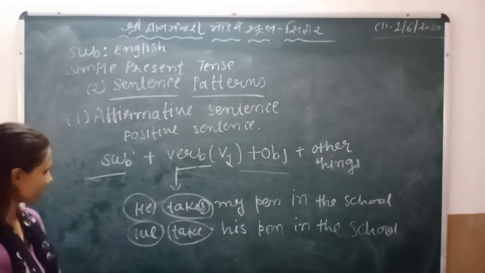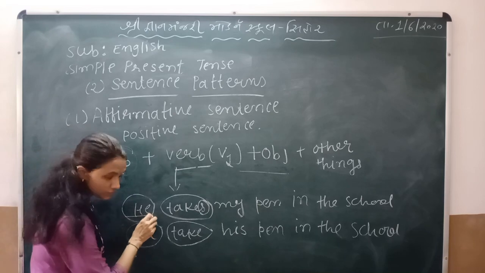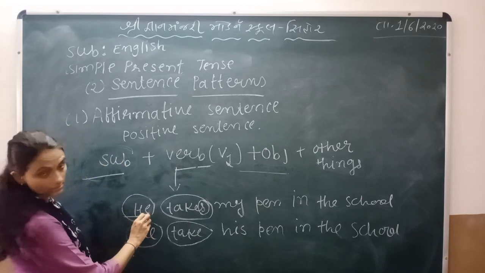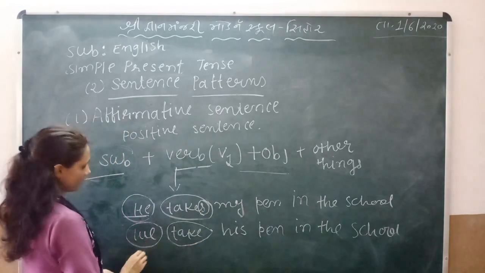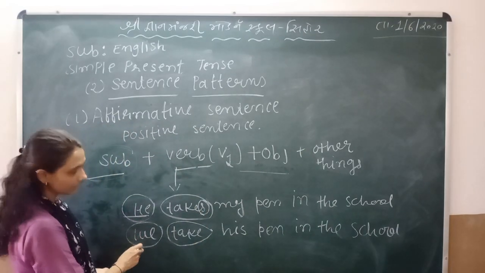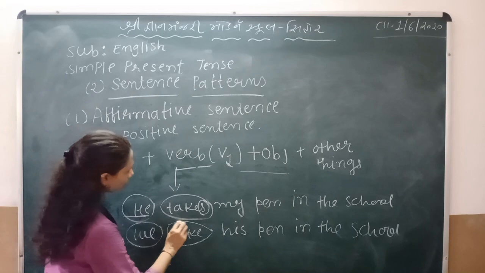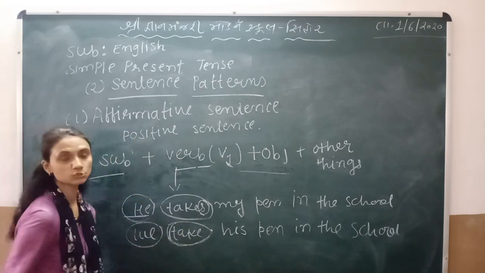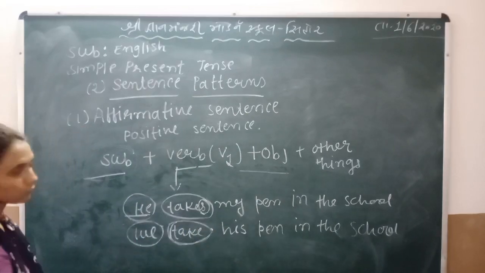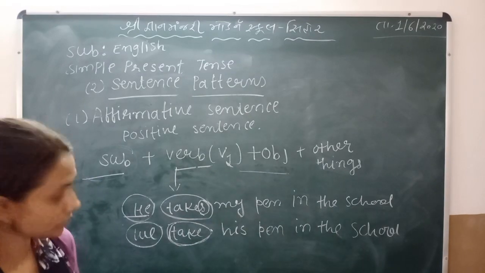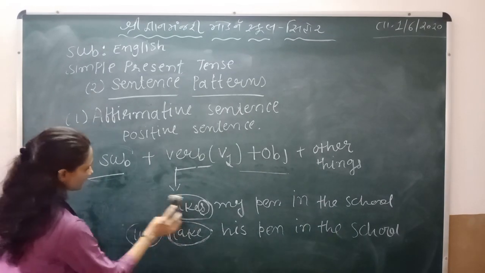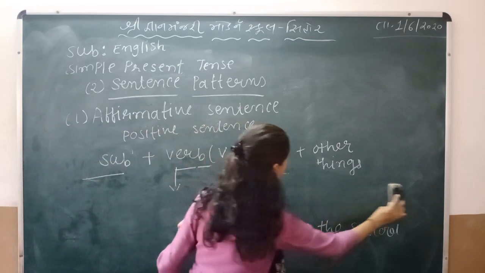So the clear thing is, when you have he, she, it, third person singular, you have to use s or es with your verb, and when you don't have third person singular, you no need to add anything to the verb. This is the rule of simple present tense in affirmative sentence. Let's see some more examples of these.